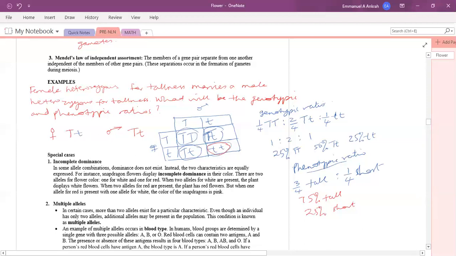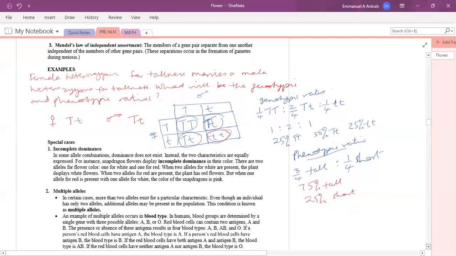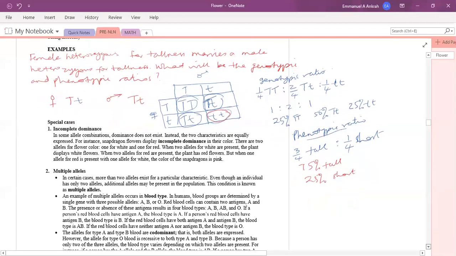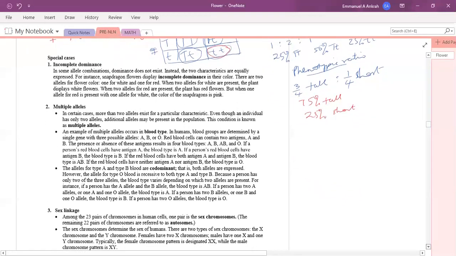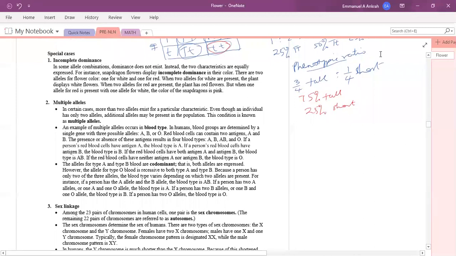So what we discussed so far is what we call complete dominance, okay, where the gene is completely dominant over the other. There are some situations where you have what we call incomplete dominance. So I'm going to look at that quickly. I think on the test, mostly they'll ask more of what I've just discussed. Yeah.